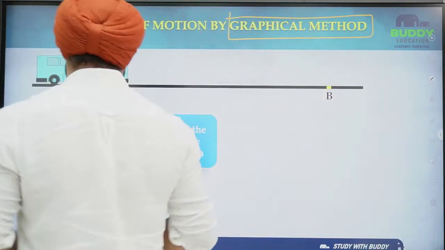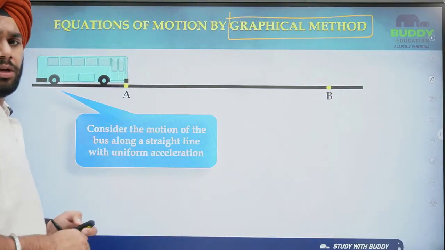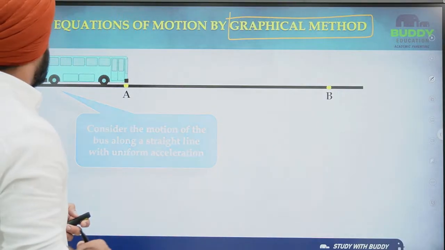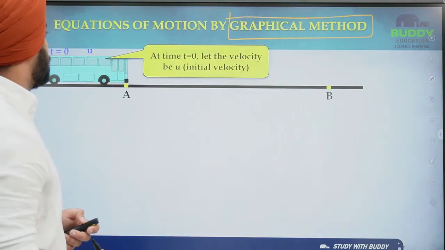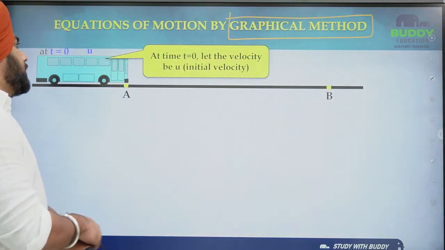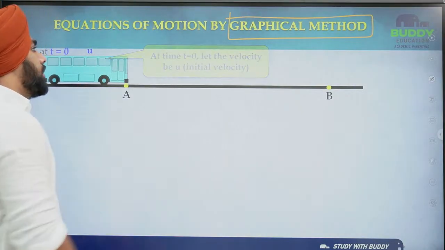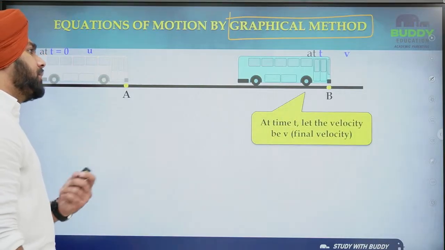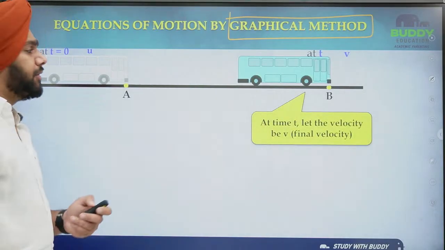So we have a bus which is moving along a straight line with uniform acceleration. At time t equals 0, the initial velocity is u, and then after some time the final velocity is v.